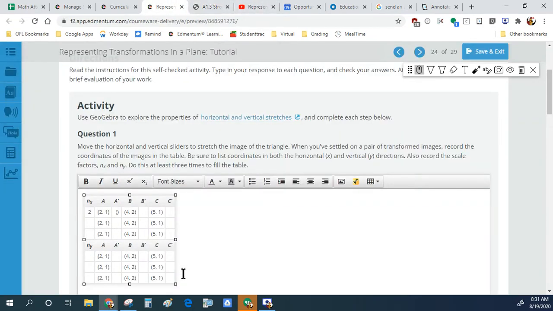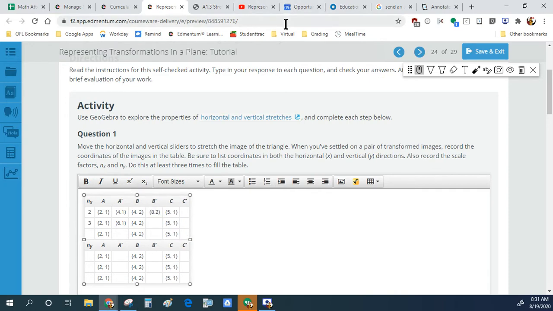So because we're only doubling the x value, if I put like h3 here, for example, so if I change this to 3, I'm only going to triple the x value. So this becomes 6, comma 1. And you can guess what happens if I double this one. So I'm going to double the b value for this one. So I'm saying I'm going to double this. So this becomes 8, comma 2.